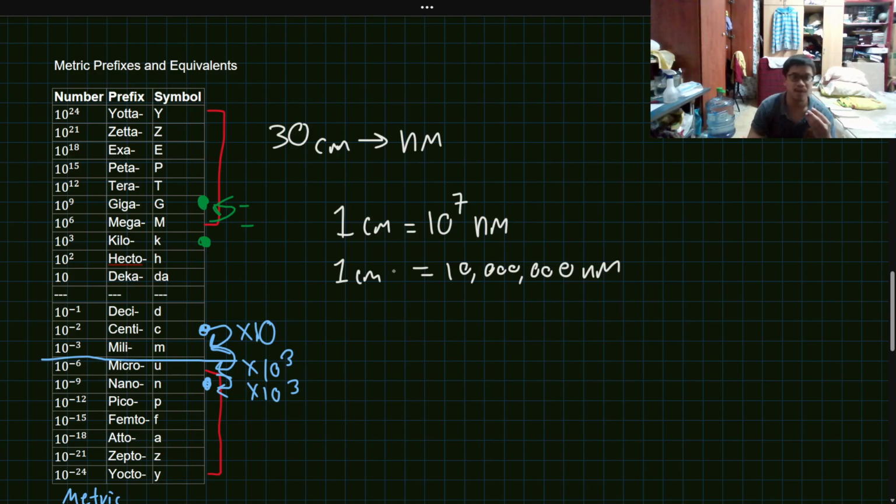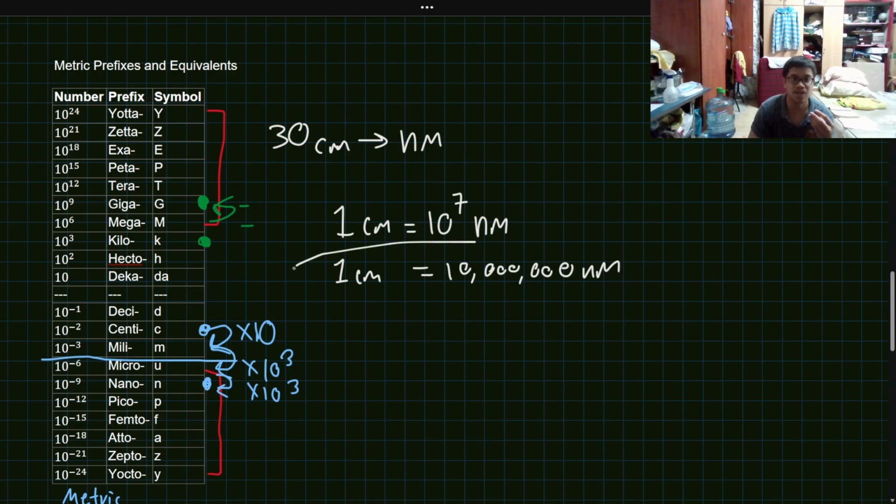Now, the problem here is that the number is large, right? So it's up to you if you want to use the exponential expression or the whole number itself. I think it's better to use this one. But for the sake of this video, since it's just nano, but if we go beyond nano, that would be a different scenario.